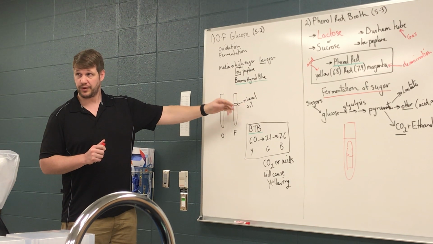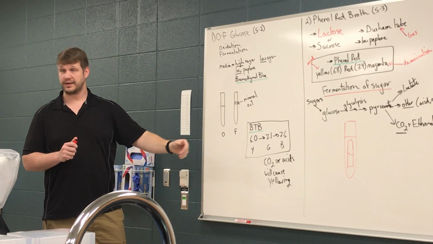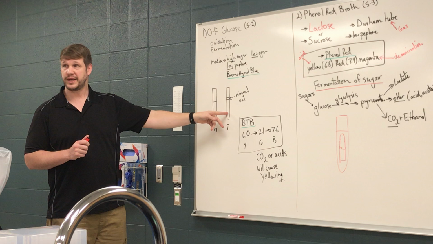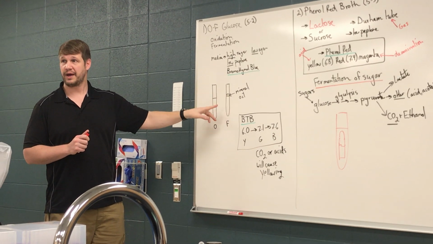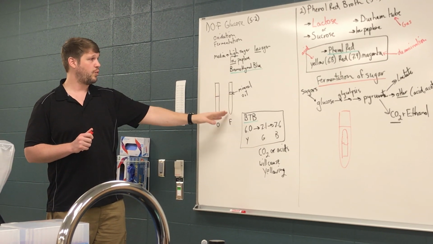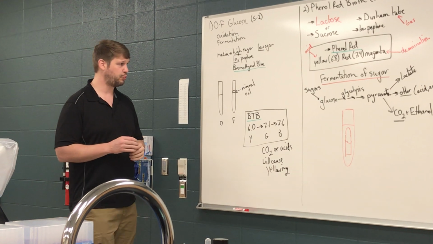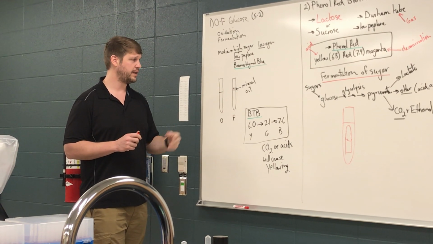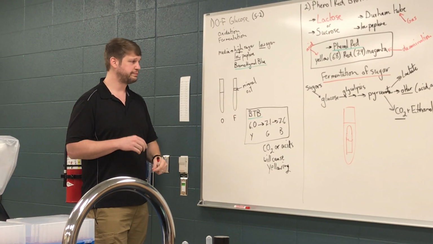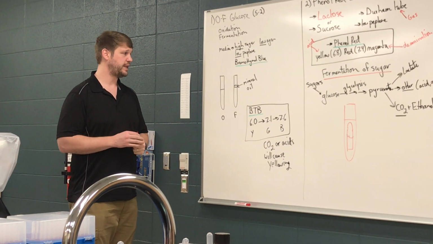And that layer of mineral oil is going to keep oxygen from getting to this media. So after you inoculate the 2 tubes, one of them you'll put a layer of mineral oil on. Usually a ml should be plenty.